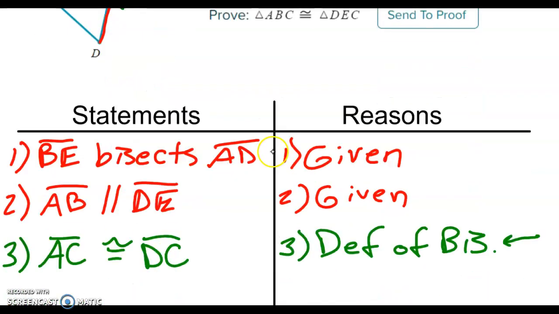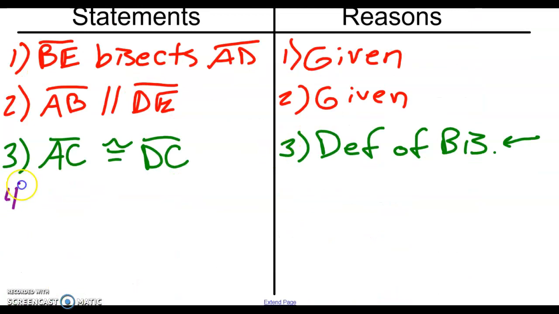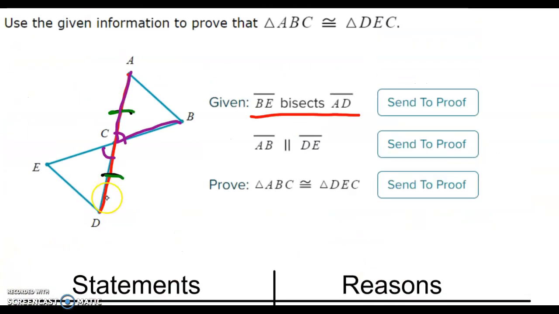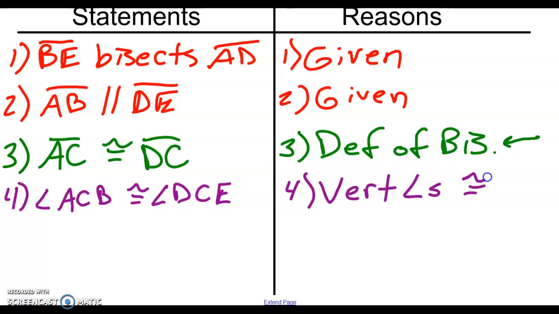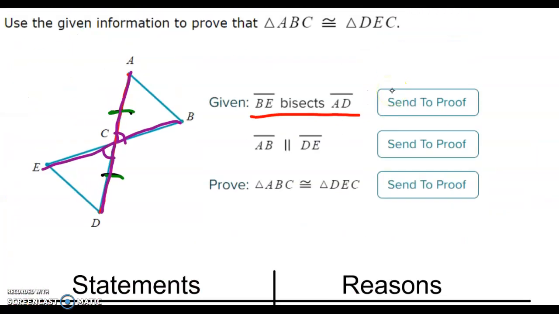Angle ACB is going to be congruent, and then we want to do corresponding, so angle DCE. And that is vertical angles are congruent. Okay, so now we found two of those on our own.